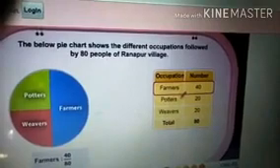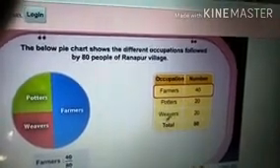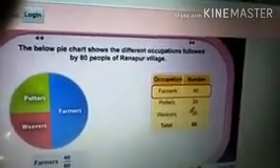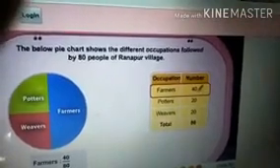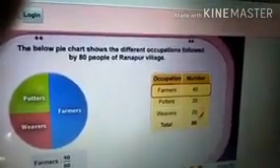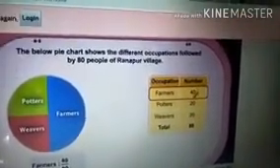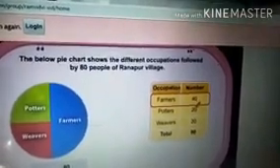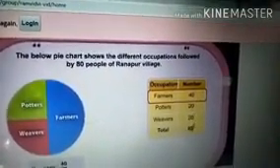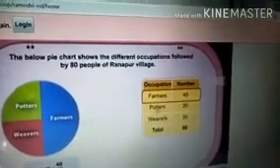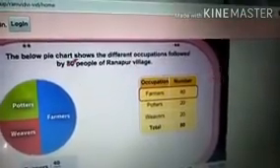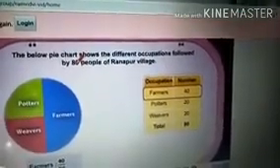The potters, 20 people. Then weavers, 20. So we add now: 0 plus 0 plus 0, 0. 4 plus 2, 6. 6 plus 2, 8. So totally 80. But they have already given that 80 people are there.